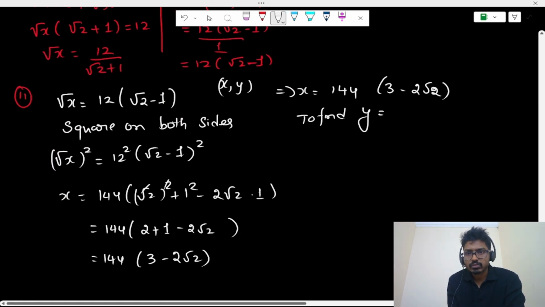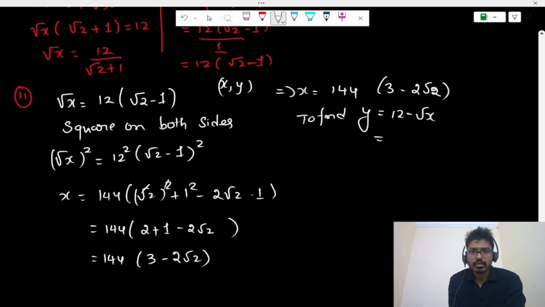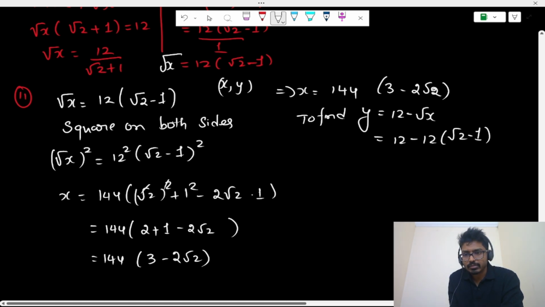Already we know root x, so I can replace root x over here with 12 times (root 2 minus 1). Let me solve this equation completely.